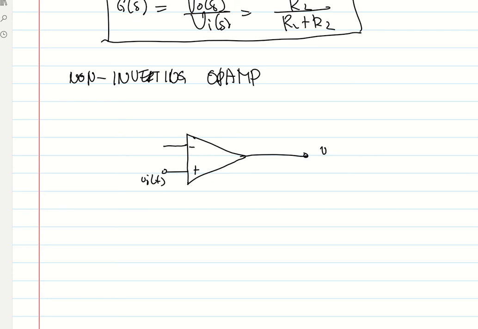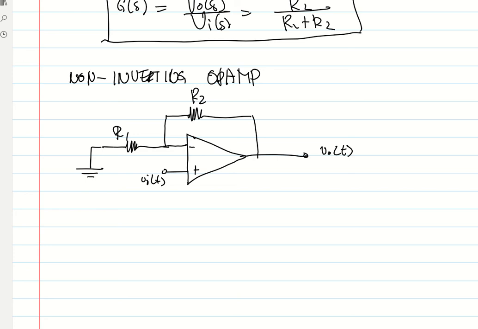We have output in T domain. Then we have a feedback here, feedback resistance. Let's call it R2. Then another resistance here. Let's call it R1. And this should be connected to ground. So this is an example of a non-inverting op-amp.